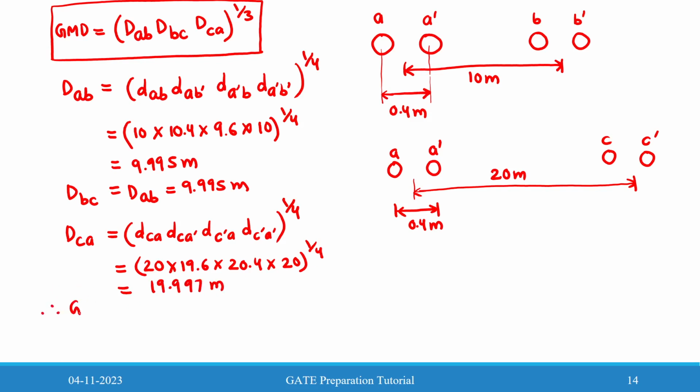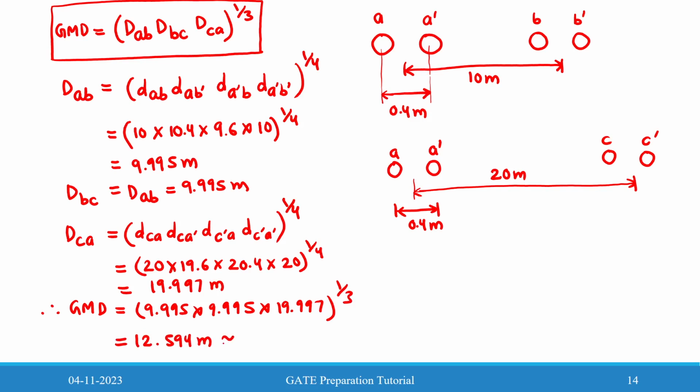Therefore GMD will be 9.995 into 9.995 into 19.997 to the power 1 divided by 3, that will come as 12.594 meter, approximately 12.6 meter.